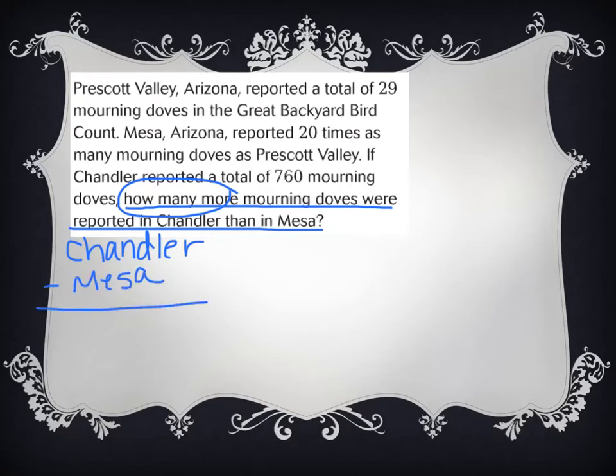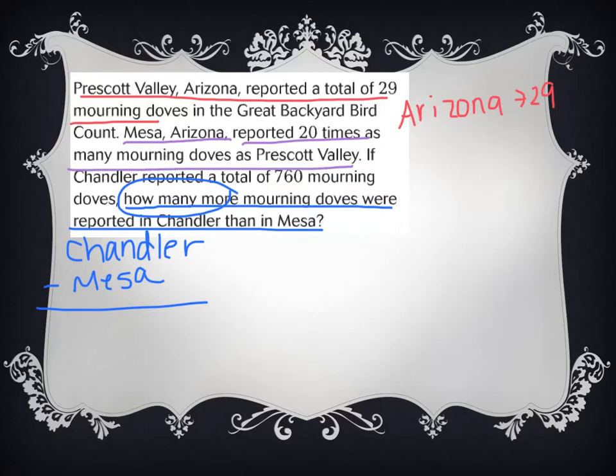Now I can look at my problem for information. Looking through, I can see that it tells me there were 29 mourning doves in Prescott Valley, Arizona. I'm not sure how I'm going to use this information yet, so I'm going to just write it off to the side. Then I see that Mesa, Arizona reported 20 times as many as Prescott Valley.